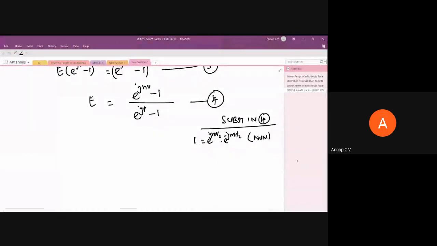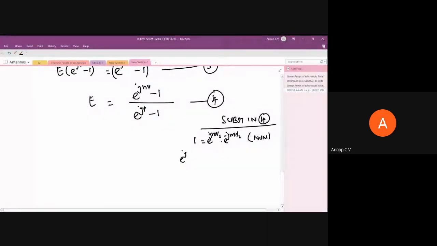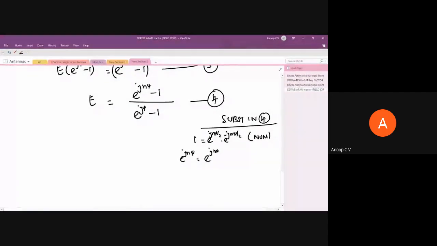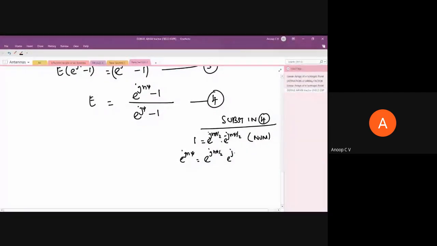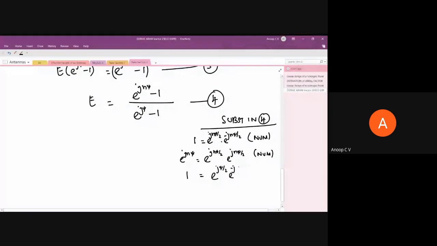Great. So there is a 1 in the numerator. I'm going to substitute it like this, and there is an e power j n psi in the numerator. I'll substitute it as e power j n psi by 2 into e power j n psi by 2. In the denominator there is a 1, which I'll substitute as e power j psi by 2 into e power minus j psi by 2.